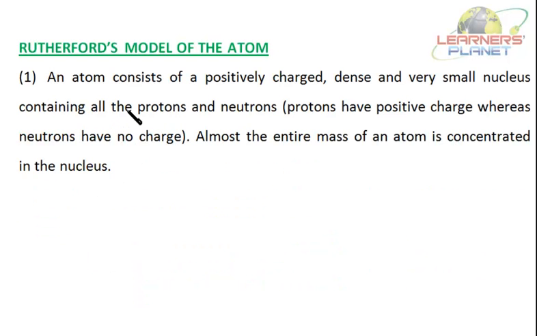Based on his observations, he proposed his model of the structure of atom. An atom consists of a positively charged, dense and very small nucleus containing all the protons and neutrons.